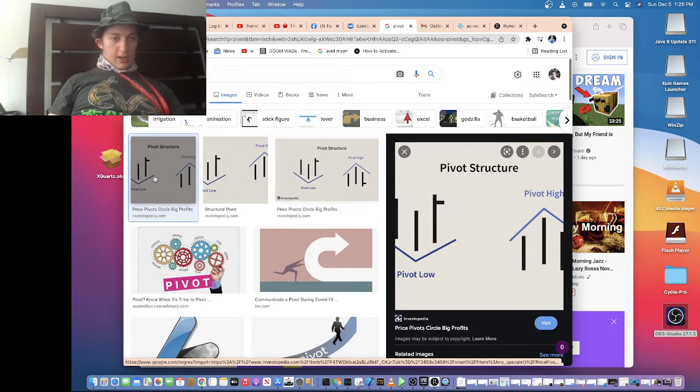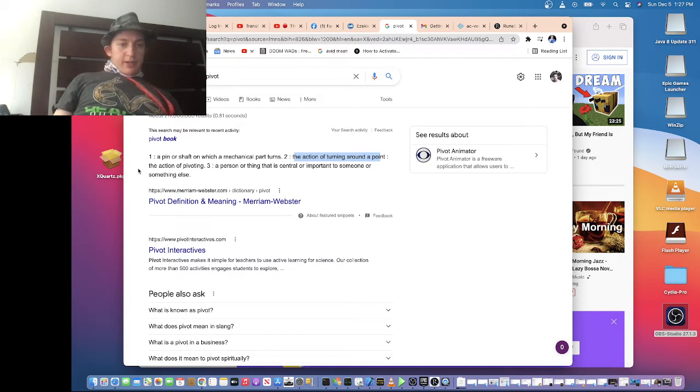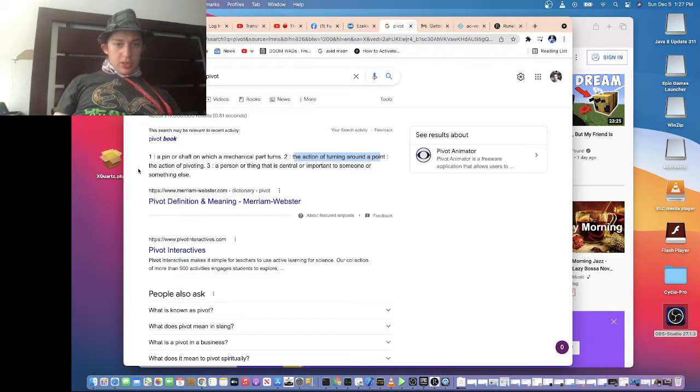So alright, hold on. A pin or shaft on which a mechanical part turns. The action of moving it around a point. A person or thing that is central or important.